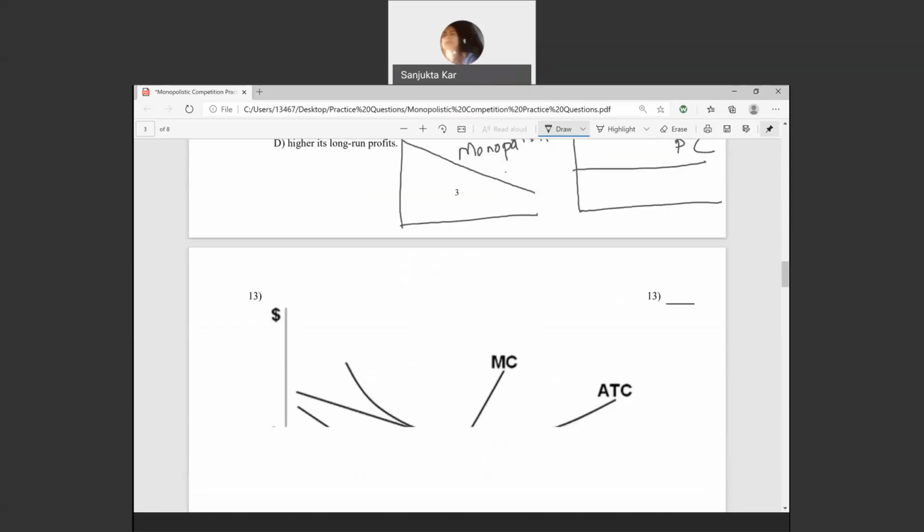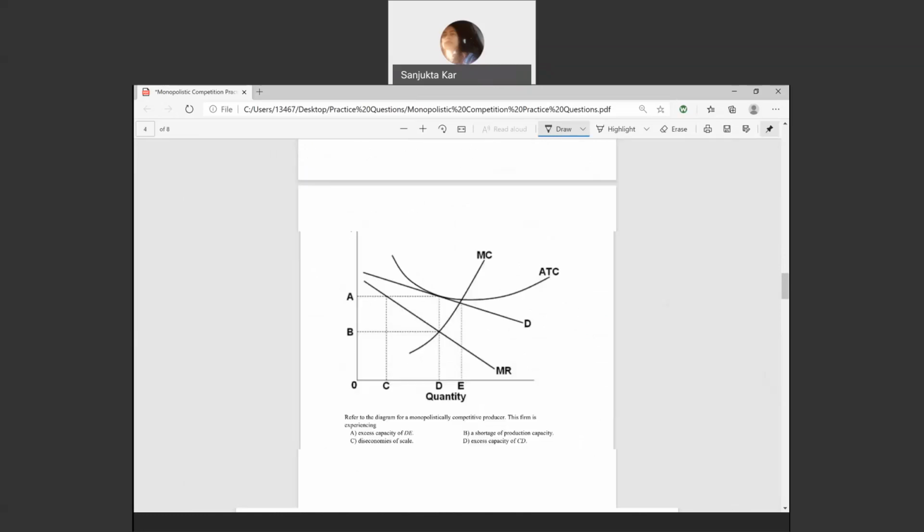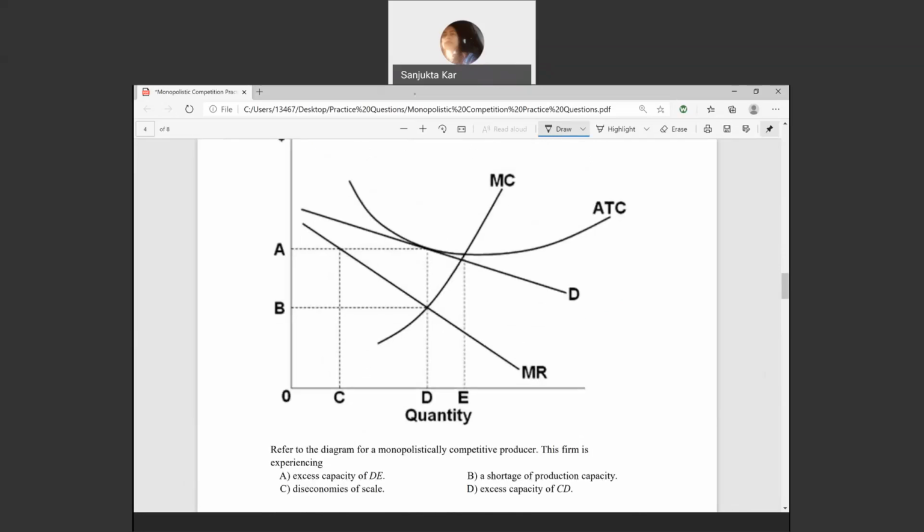Now, moving forward to question number 13. They're asking us to find the excess capacity. This is a question on excess capacity. All right, we have a monopolistically competitive producer. The firm is experiencing what?